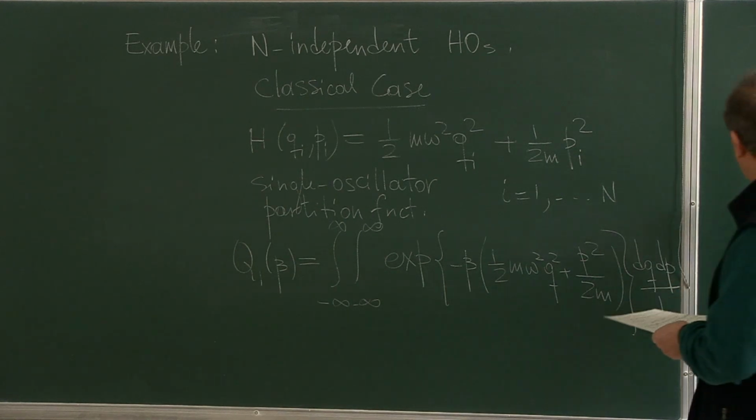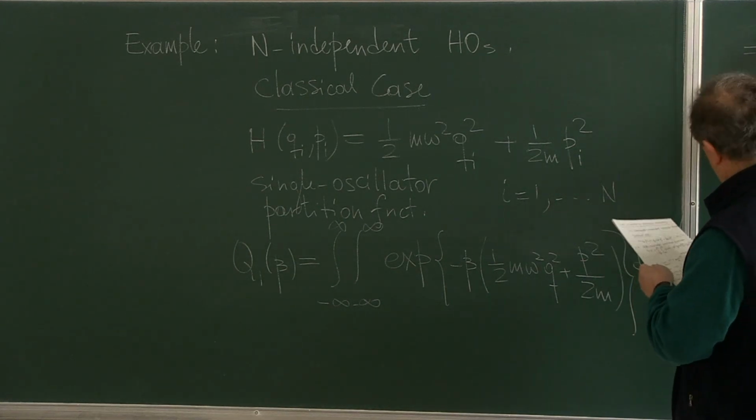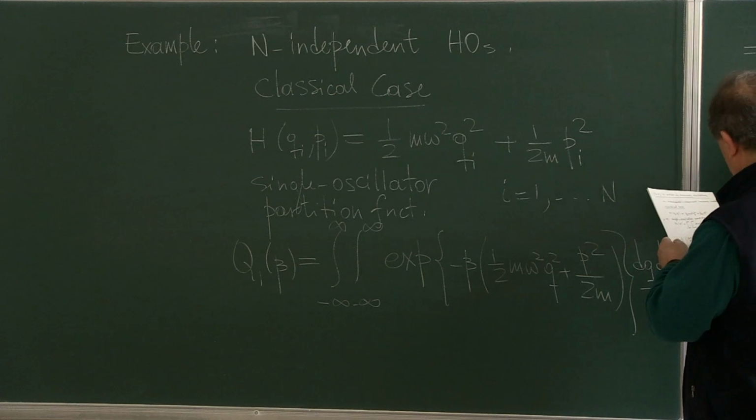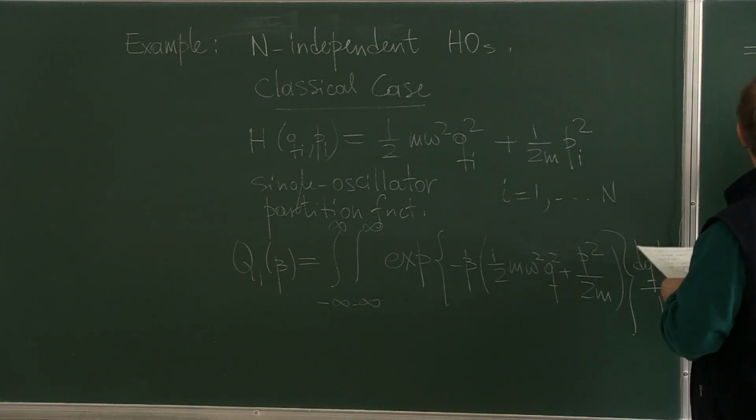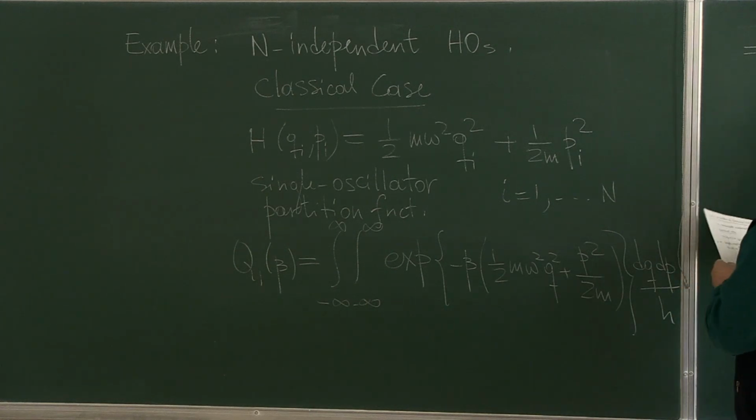So the result can be written immediately as (2 pi / (beta m omega squared))^(1/2) times (2 pi m / beta)^(1/2).